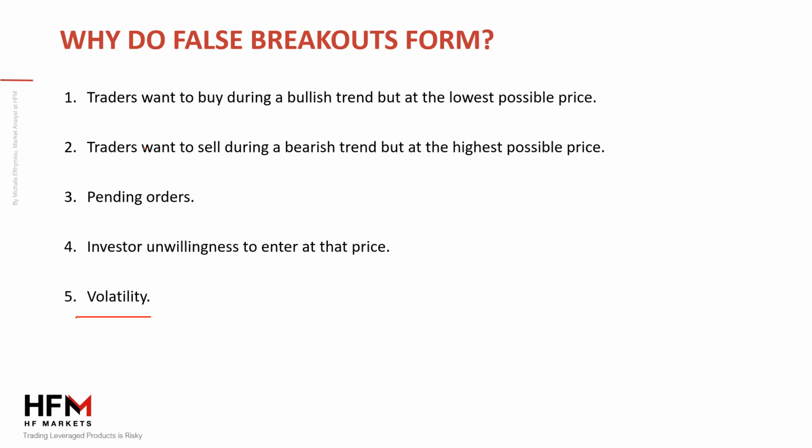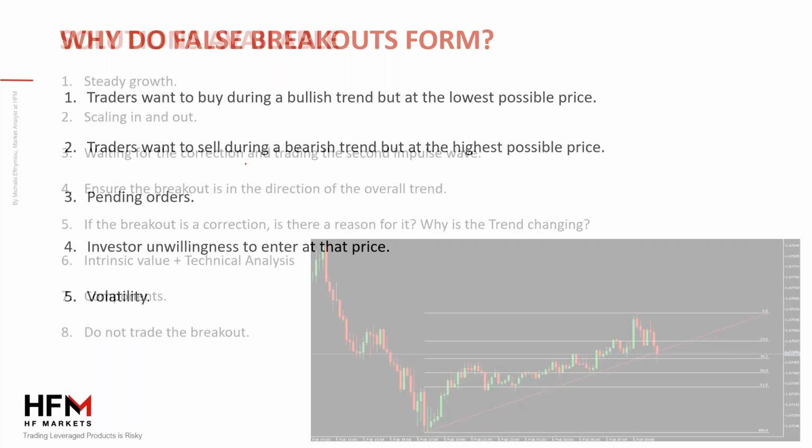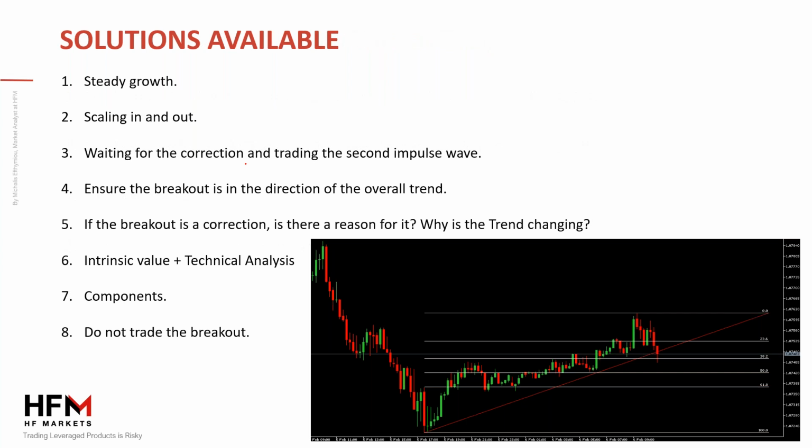So you're able to say, okay, at this price, there's a lot of pending orders there. Do I really want to speculate and trade these upward breakout levels, because there's a lot of pending orders? There's a good chance it's going to collapse back downwards. So this is something that you can do, because you're able to determine where pending orders are within the market.